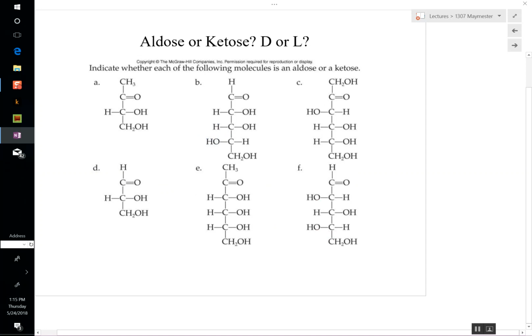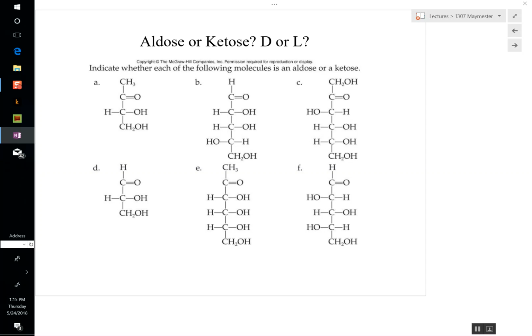Okay, so now let's look at these, and you tell me whether these are D or L. Here's six different monosaccharides. What we're going to key in on is this carbon, one up from the bottom, and ask ourselves about that OH. Take these all as Fischer projections.